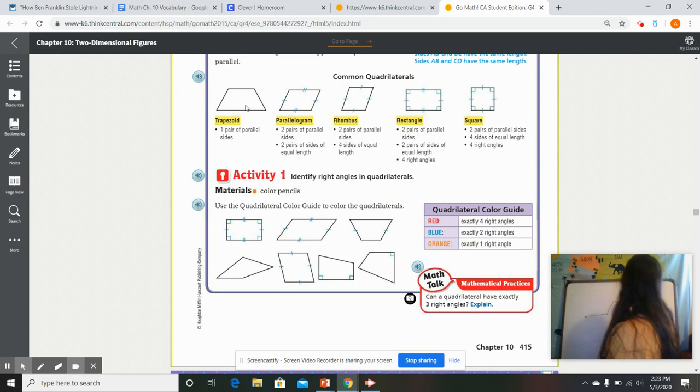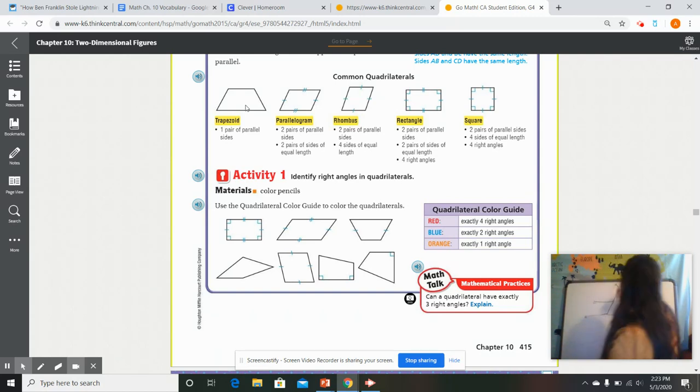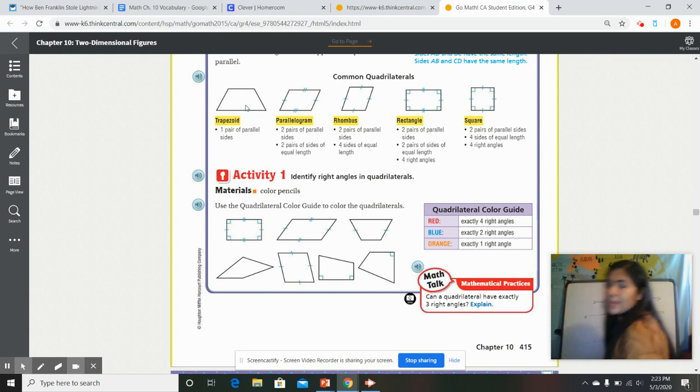If I extended these two sides, because they're kind of at an angle, these two lines would eventually intersect here. So they're not parallel, because parallel lines can never intersect. That's what's special about a trapezoid.